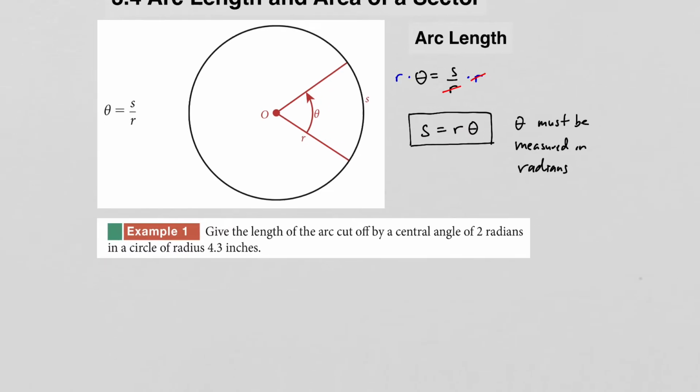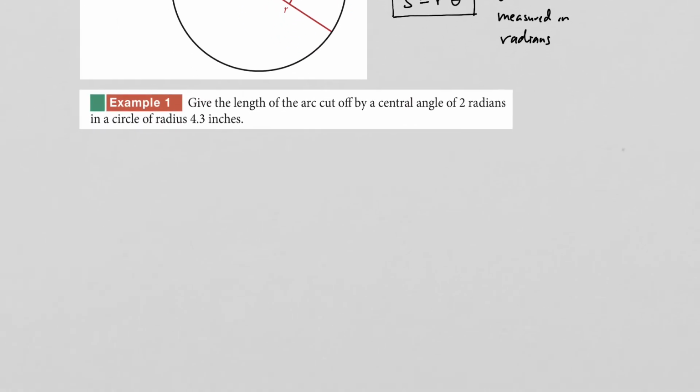Let's take a look at this example. Give the length of the arc cut off by a central angle of 2 radians. Okay, so they're telling us that the angle theta is 2 radians. I'm just going to write 2. And this is in a circle of radius 4.3 inches.